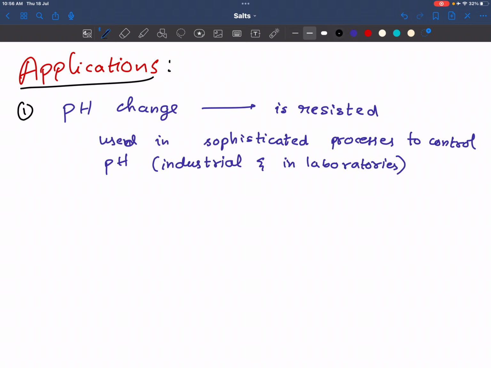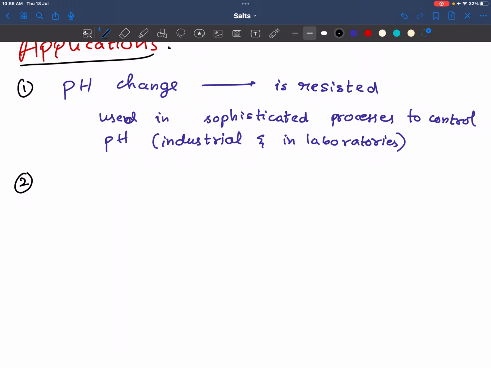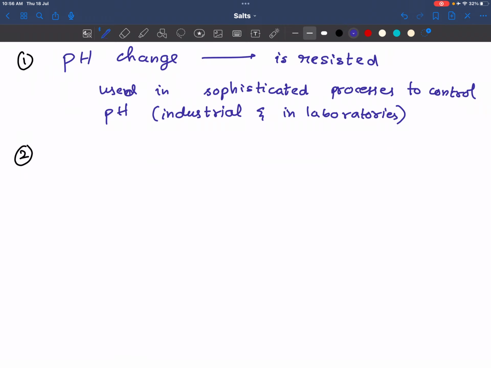Okay. Next, buffer solutions by themselves, we don't have to do anything. In our blood, we have a carbonate buffer, which maintains a pH of 7.35.